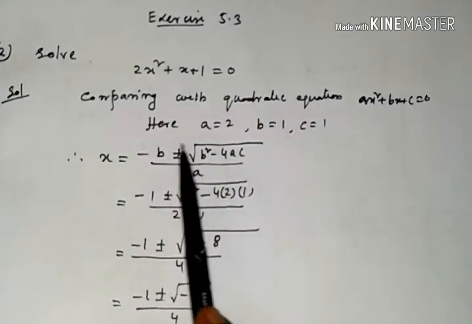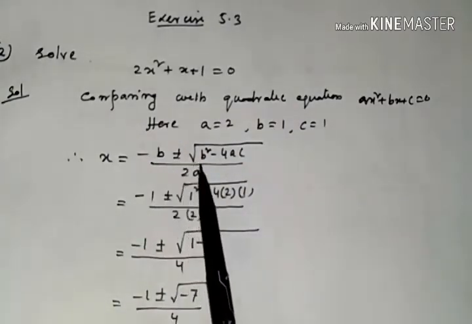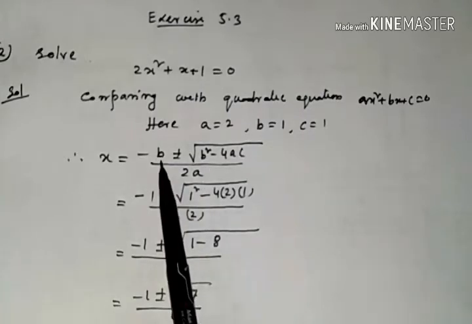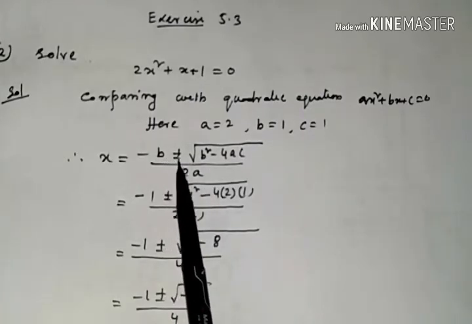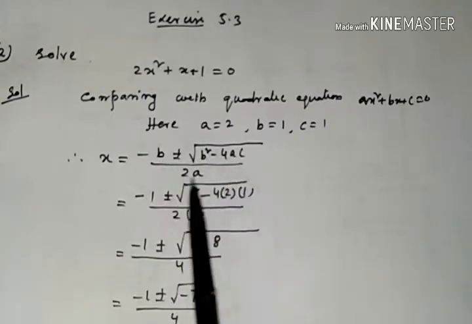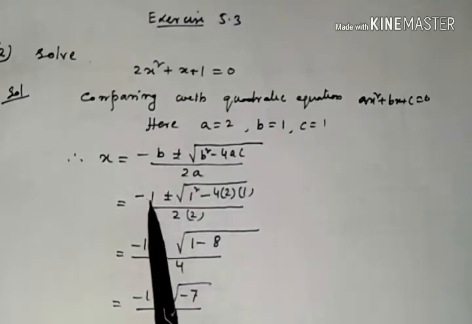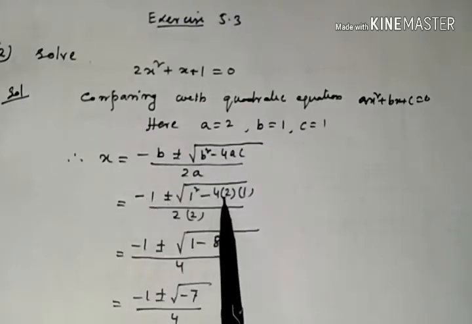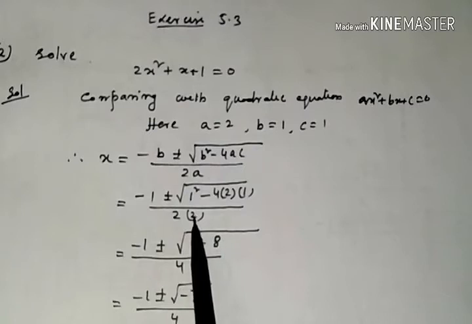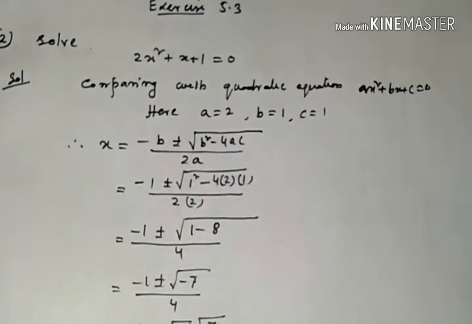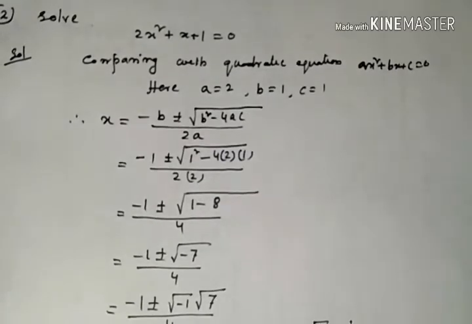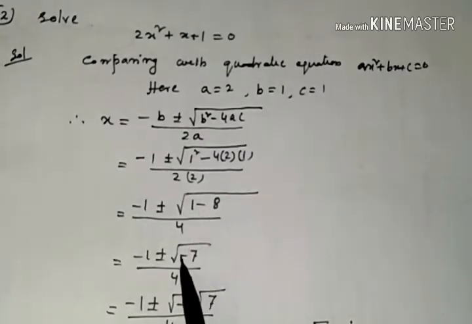Therefore x equals, it is the quadratic formula we have got in class 10 level, x = (-b ± √(b² - 4ac))/2a = (-1 ± √(1² - 4·1·2))/2. After simplification we get 1 - 8, and this is -7.